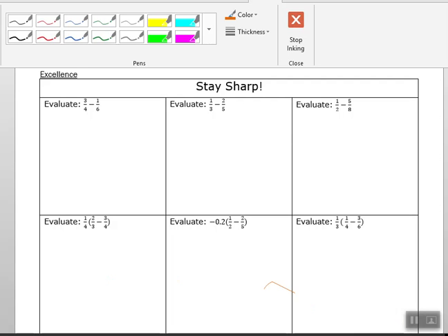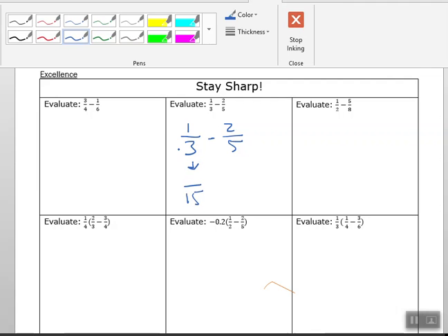All right, gentlemen. So I'm only going to review one problem in each section here. So I'm going to take a look at the second problem in this first row. I need to evaluate 1/3 minus 2/5. Okay, I need to find a common denominator. My common denominator is going to be 15.